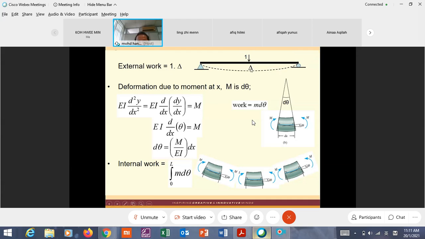Delta is the actual deflection. Understand? Delta is not a virtual deflection, it is the actual deflection. The deformation due to moment at x is d theta.